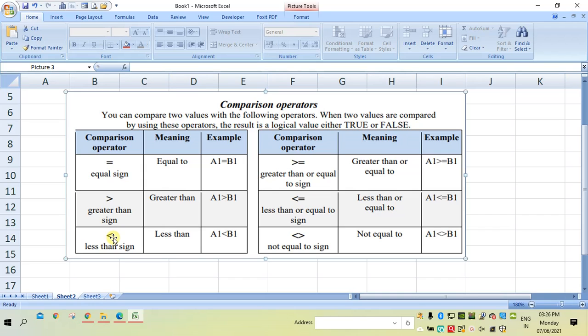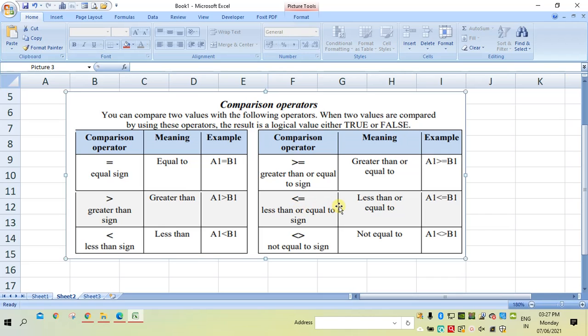This one is greater than or equal to. It is used to compare two cells whether the content of that cell is greater than or equal to. Next is less than or equal to. This is used to compare two cells whether the content of the cell is less than or equal to.